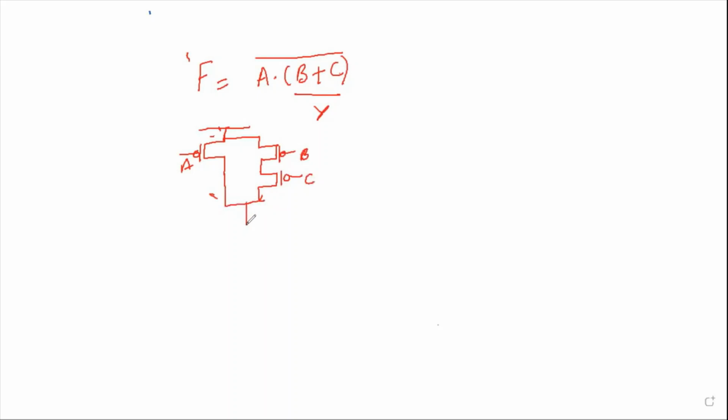Now NMOS is the complement of this. So A is in parallel with B plus C. So now A will be in series. Whatever is in parallel will be in series, and whatever is in series will be in parallel. But B and C are in series in PMOS, so they have to be in parallel with each other.